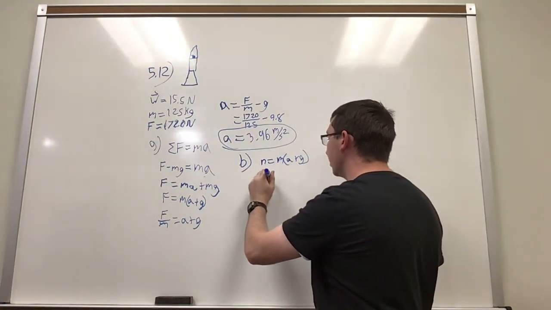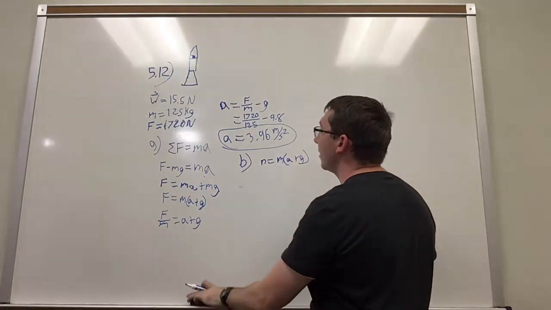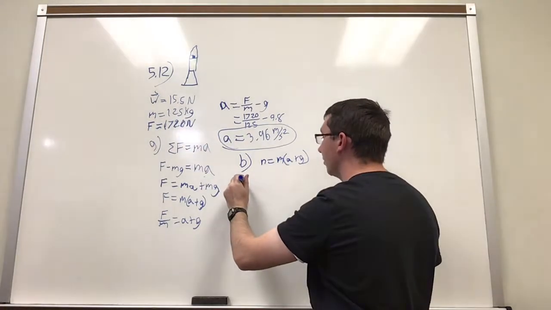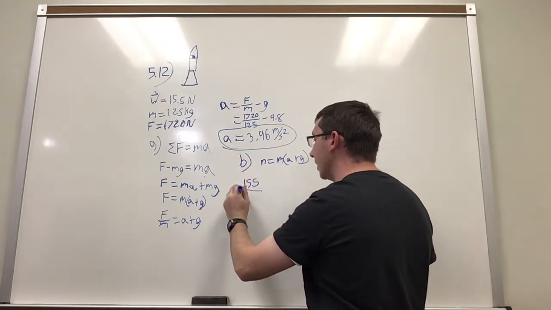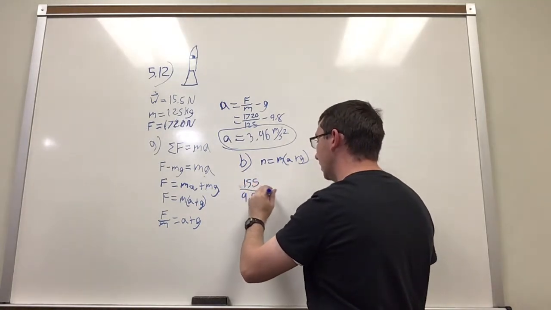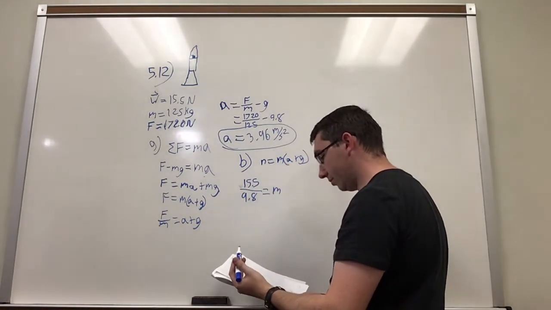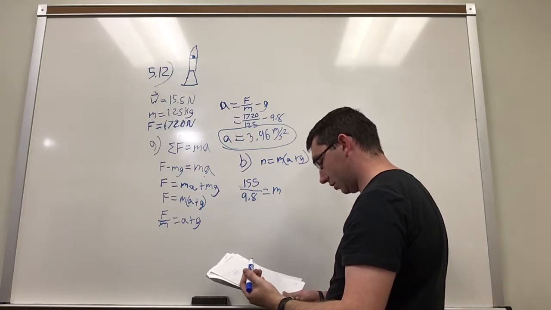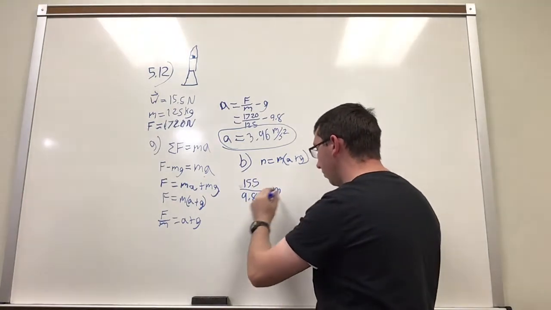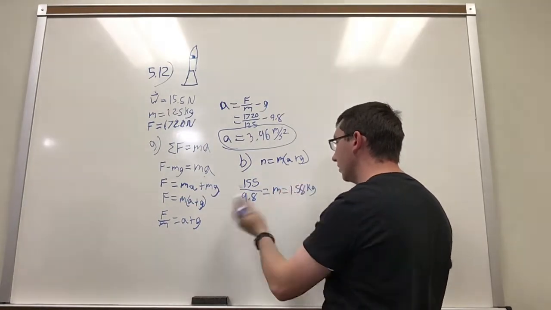So N is gonna be equal to... No, we have to find the mass of the box first, so we gotta take 15.5 divided by 9.8 to get our mass of the box. And that comes out to 1.58 kilograms.